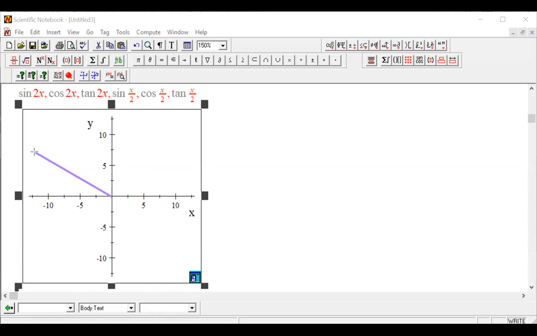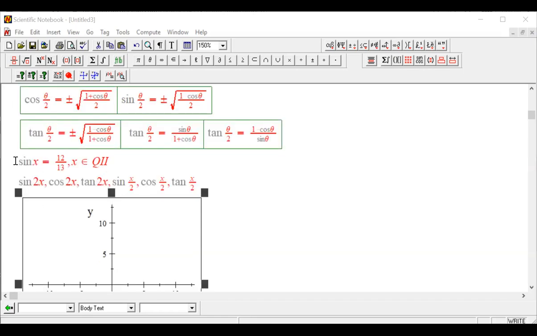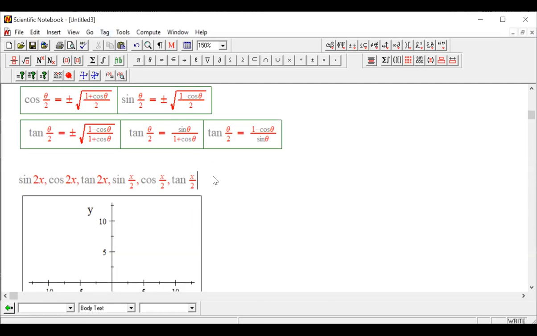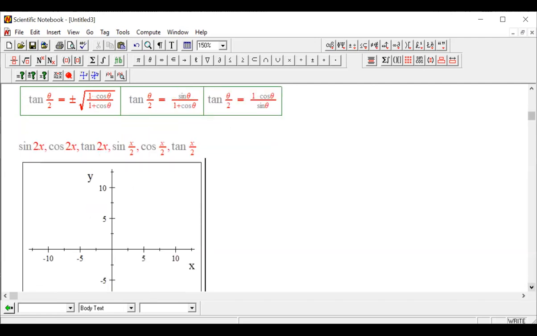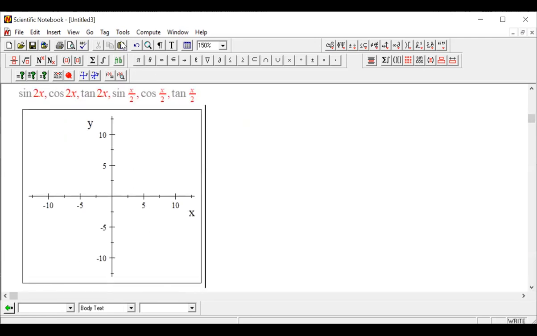Sine of that angle is 12 over 13. 12 is y, 13 is the hypotenuse. Hold on, let me make sure you see these numbers. I'm going to bring that forward so you can see it.